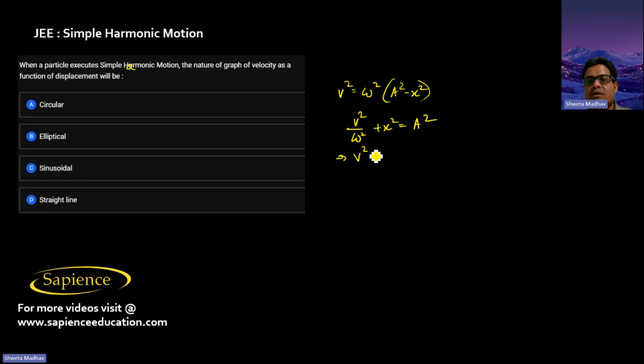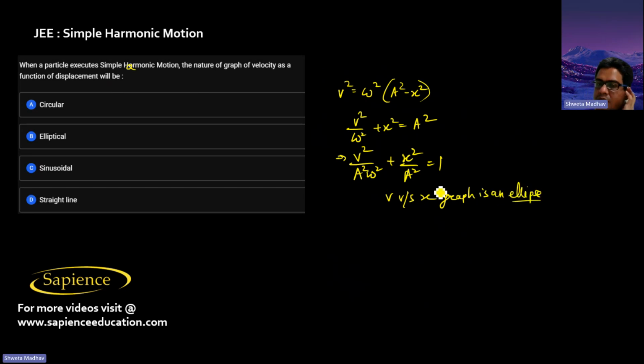I can say v square by a square omega square plus x square by a square is equal to 1. So the v versus x graph is an ellipse. So it is an elliptical graph. Option B is the correct answer.